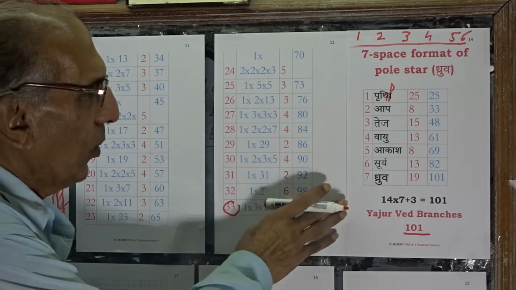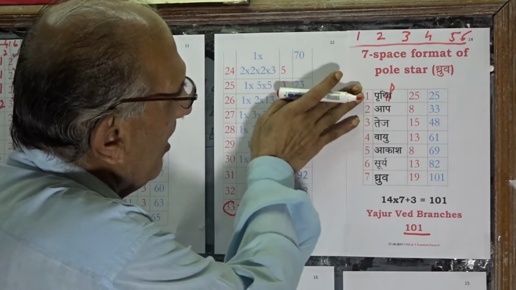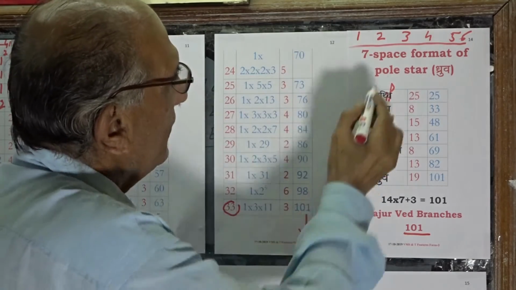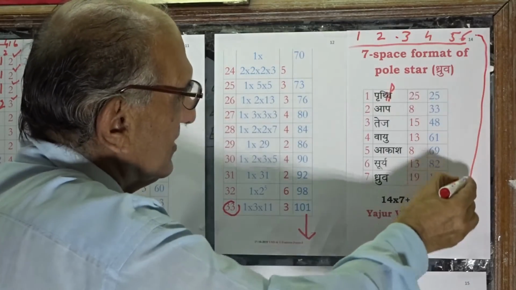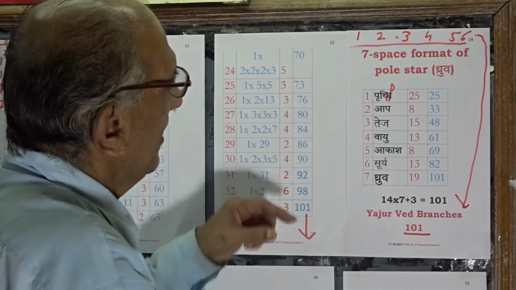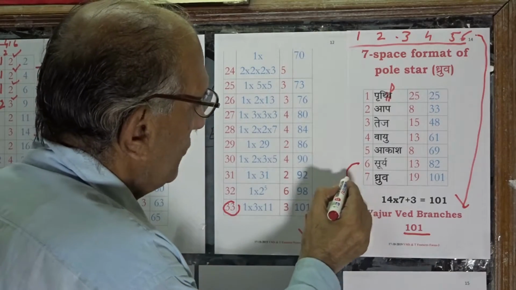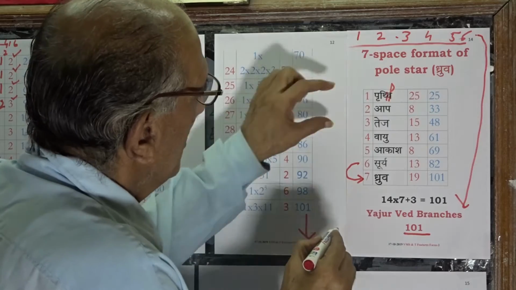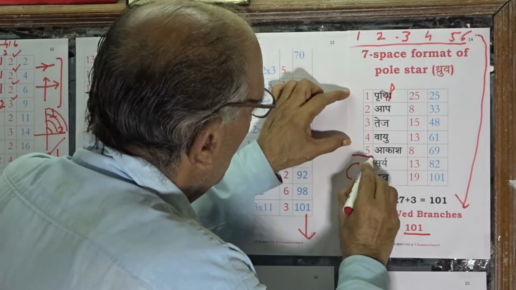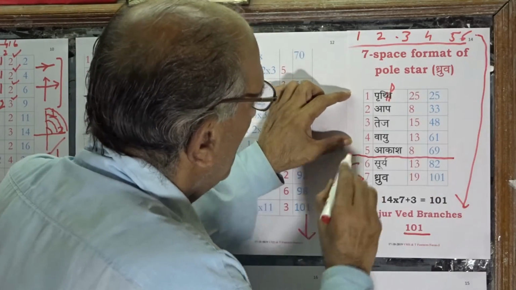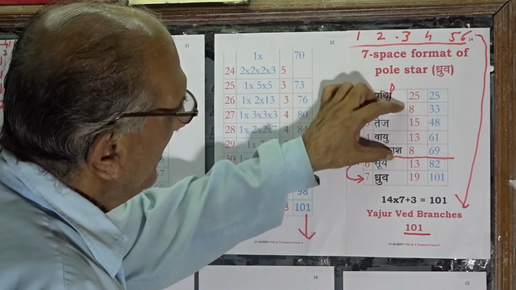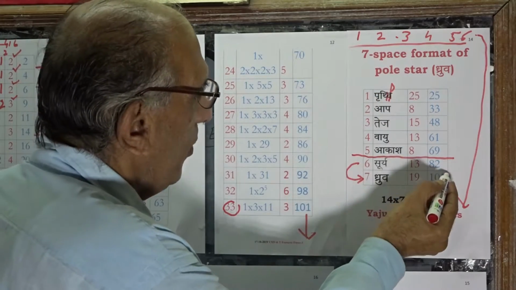And further we know that when we are reaching from 6 space to a 7 space, then we will be reaching from Surya to Dhruv, and this reach from the initial format of a Panchmabhut will be sequentially leading us to value 101.